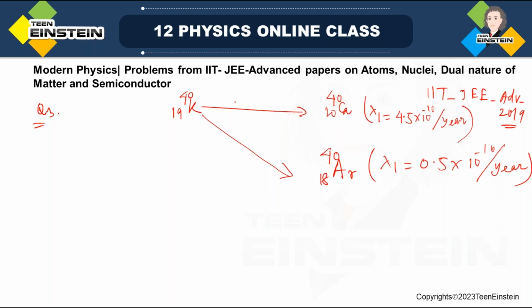One is that it can go directly to stable calcium with decay constant lambda 1, which is given here, and another path is that it decays into argon with decay constant lambda 2 equal to 0.5 into 10 to the power minus 10 per year.